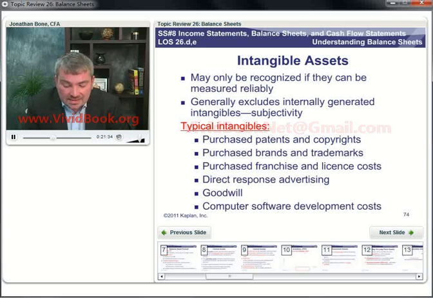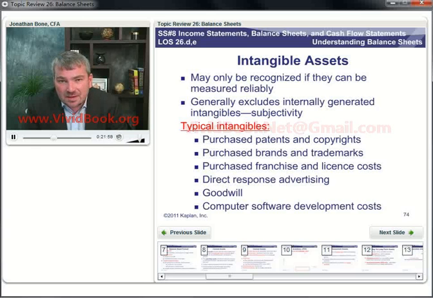Goodwill, and we're going to see the calculation of goodwill in just a second, but we've already said it's the difference between purchase price and the net assets you've acquired. Again, can be capitalized, only purchased goodwill. We argue that the difference between what we pay for a company and the value of its balance sheet must be for everything that is not on the balance sheet, i.e. its relationships with customers, its relationships with suppliers, the strength of employees, etc. That is goodwill.